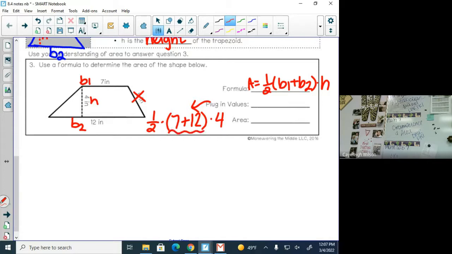So 7 plus 12 is 19. And then look, that actually looks like the area formula for a triangle. So 1/2 times 19 times 4, and we get 38, and that would be inches squared. That's not as bad as it looks, was it?